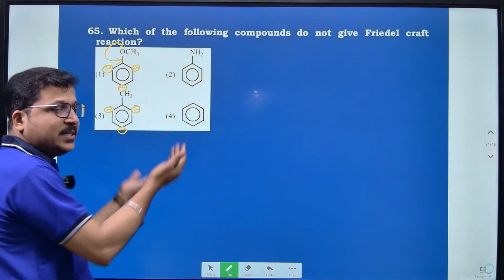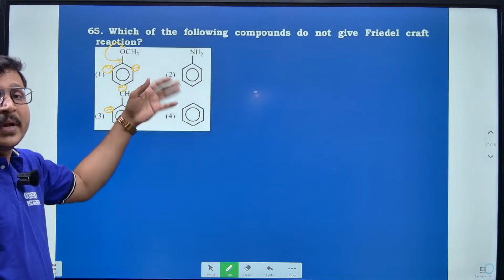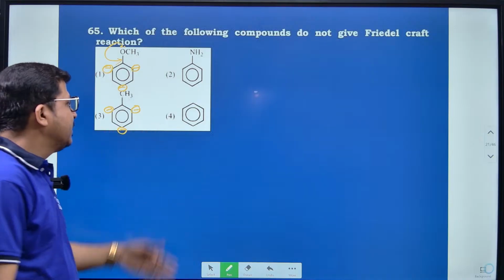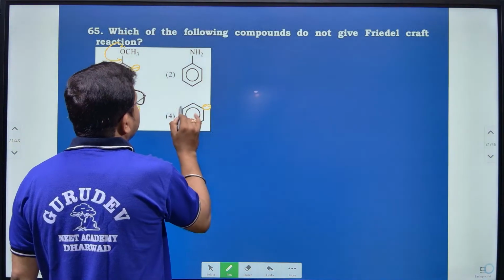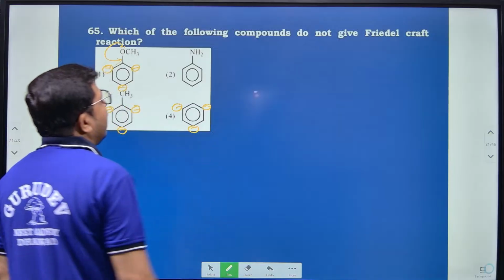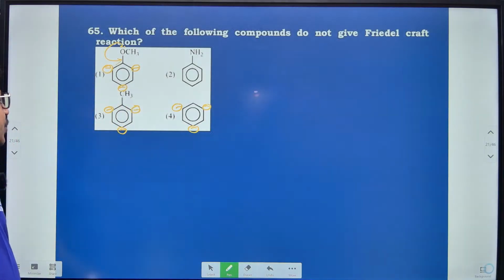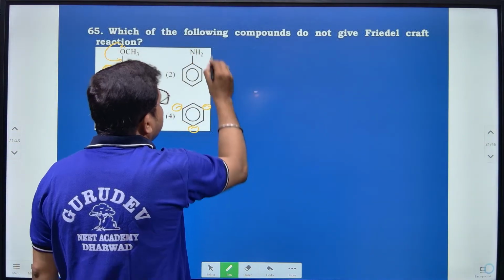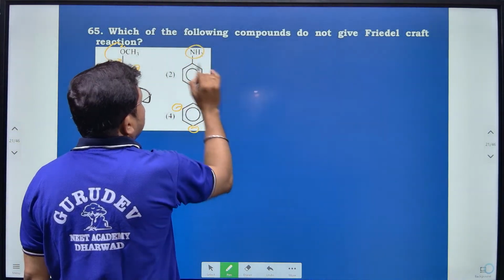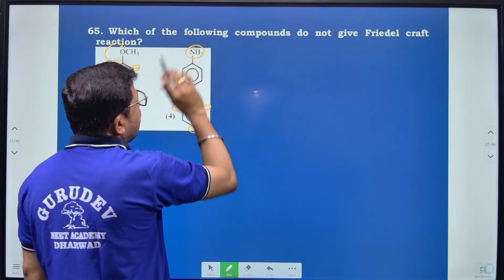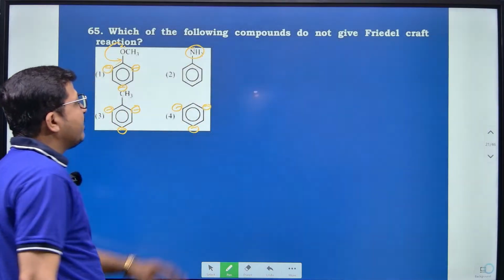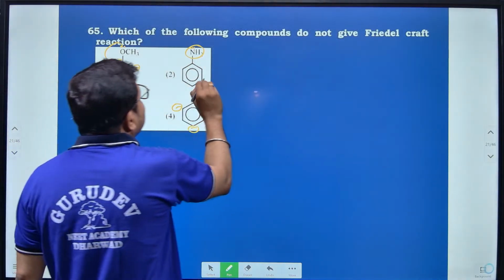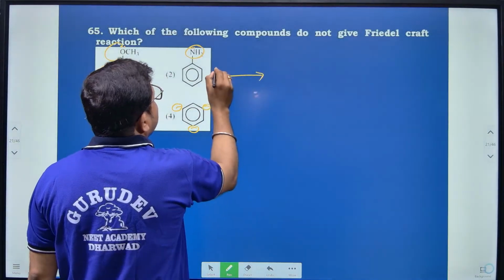And benzene, there is not much explanation regarding this one, because primarily benzene undergoes Friedel-Crafts alkylation as well as acylation, hence it also has 2 ortho and 1 para positions for the electrophilic substitution reaction. But what will happen if I take the example of NH2? NH2 contains a lone pair of electrons on nitrogen, and it is favorable for electrophilic substitution. But when Friedel-Crafts alkylation comes across, what will happen?